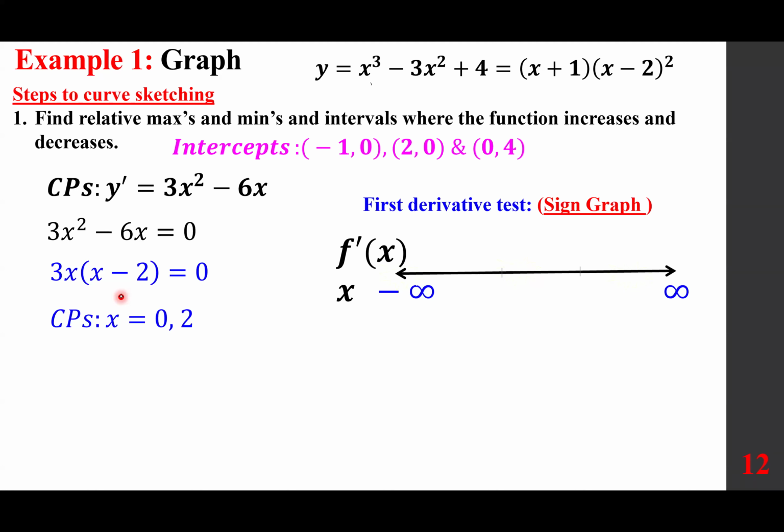So this is a number line from negative to positive infinity. You put 0 and 2 in order. Now you do TPs. I hope you remember test points, right? To the left of 0, you can go with -1. Between 0 and 2, you go with 1. And over here, you can go with 3.